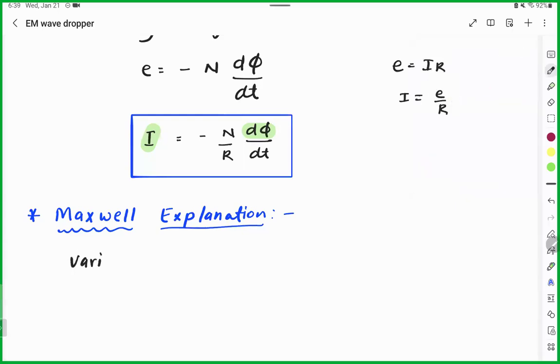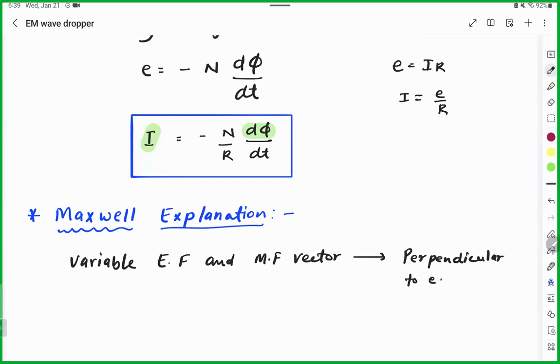Variable electric field and magnetic field vector, these two will be perpendicular to each other, and these are responsible for electromagnetic disturbance.